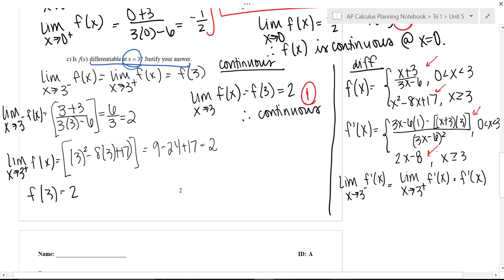We also need to know that for it to be differentiable, the limit as x approaches 3 from the left of the derivative needs to equal the limit as x approaches 3 from the right of the derivative, which needs to equal that derivative value. So again, we're just playing with a bunch of substitution here. And then we get that negative 1.667 does not equal negative 2. And then we can say, therefore, not differentiable.